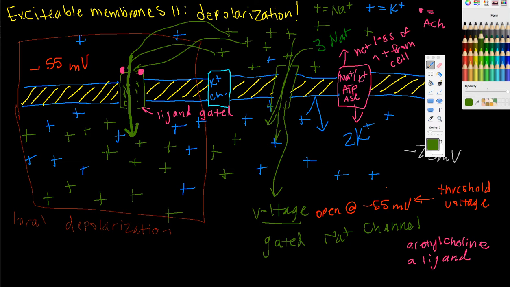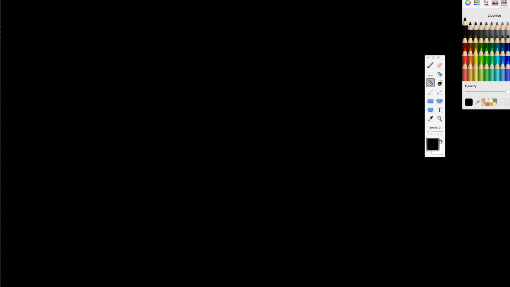Now notice so far we are only moving sodium, we are not moving potassium. So what if I want to redo the charge separation by letting some pluses back out? Well, I can open my voltage-gated potassium channel if I want, but my drawing's gotten pretty busy here, so I'm going to redraw this on the next page. Okay.